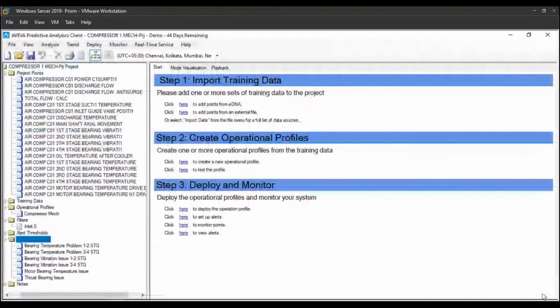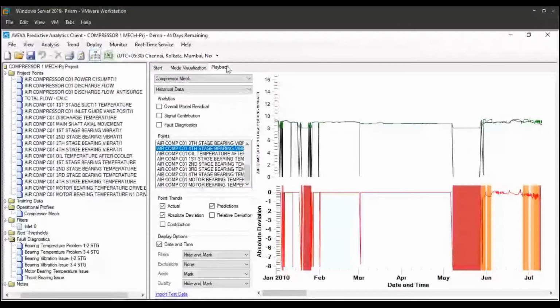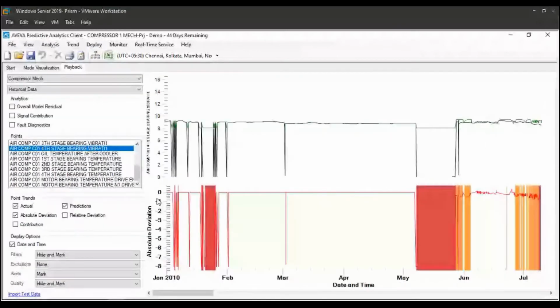So once I have defined the various fault diagnostics, the next thing left for me to do is then analyze some data. Here, I want to explain what I mean by a deviation. Like I said earlier, we first teach the software what the normal condition or the ideal condition of the equipment is.